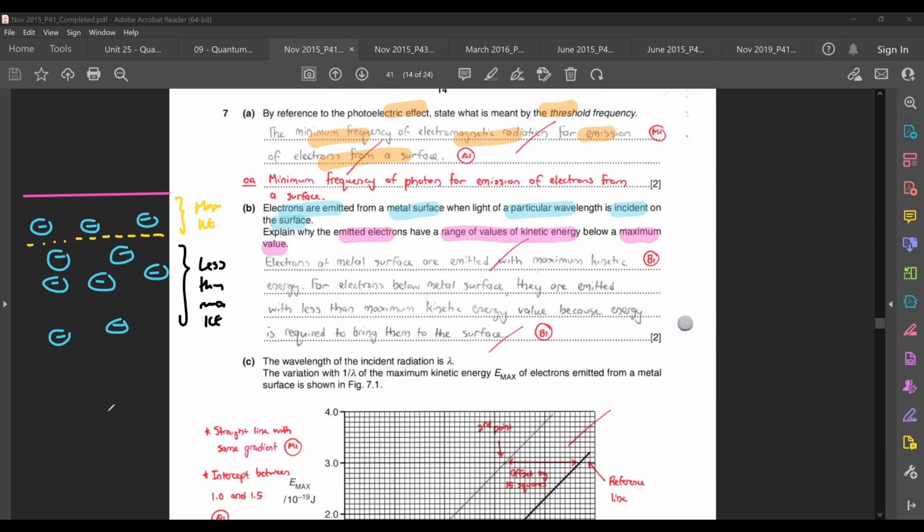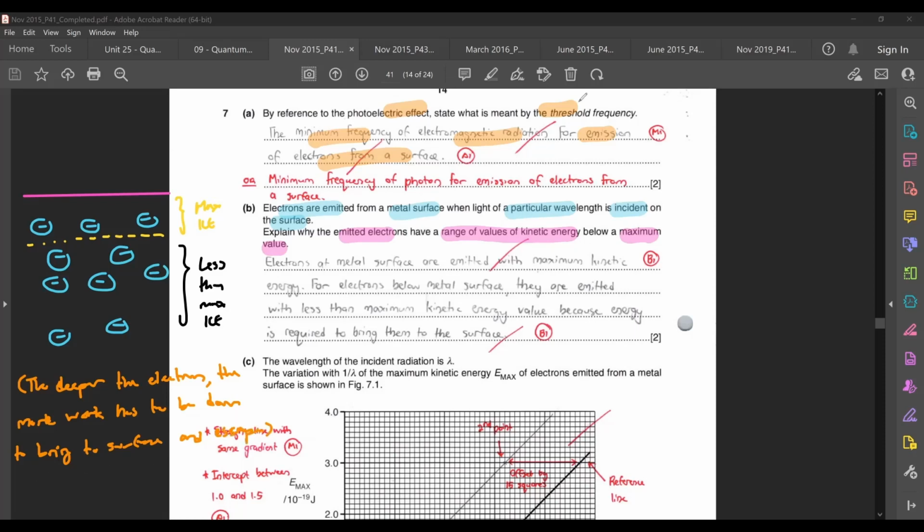So what I mentioned to you then was that the deeper the electrons, the more work has to be done to bring to surface and escape.